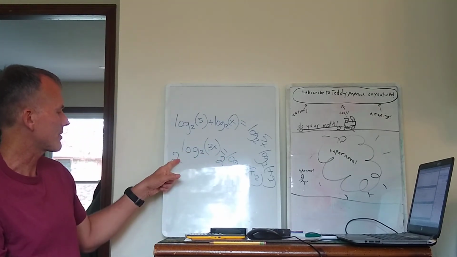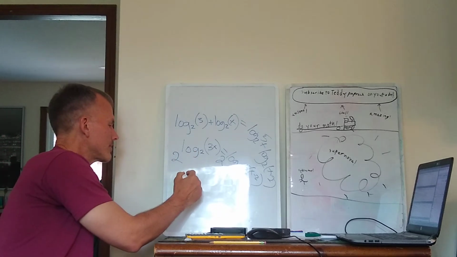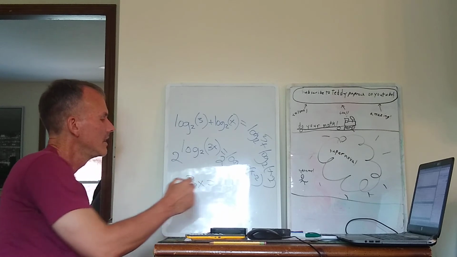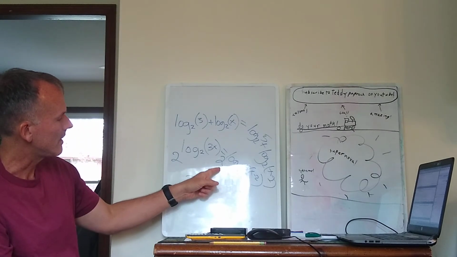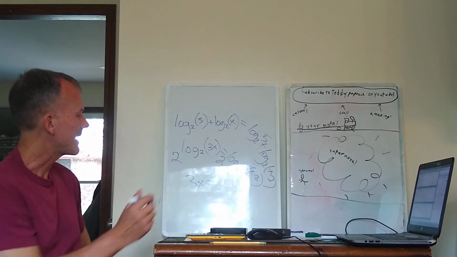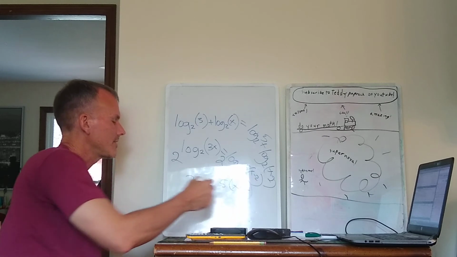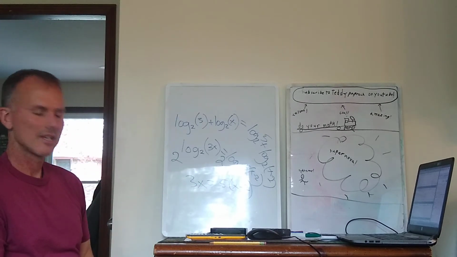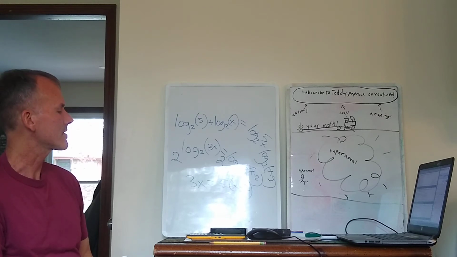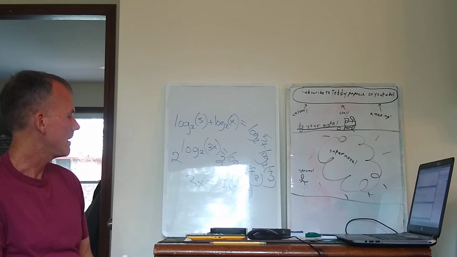And of course, exponentiation to base 2 cancels with the log base 2, and I'm left with just 3x. Then over on the right, again, the exponentiation cancels with the log, and I have 5 times quantity x minus 2. And you can see that I now have an equation without a logarithm in sight. Okay, so I can solve this just using old-fashioned algebra.